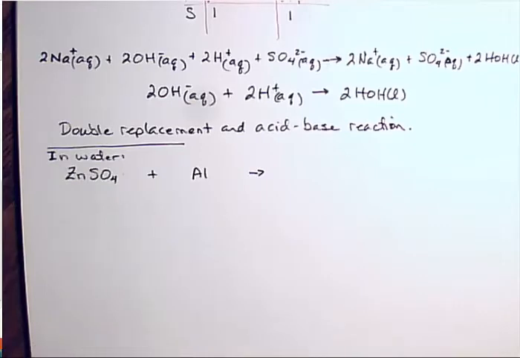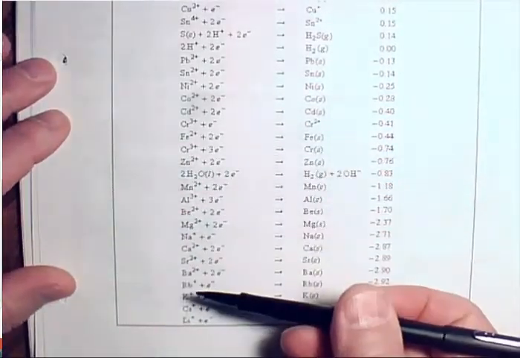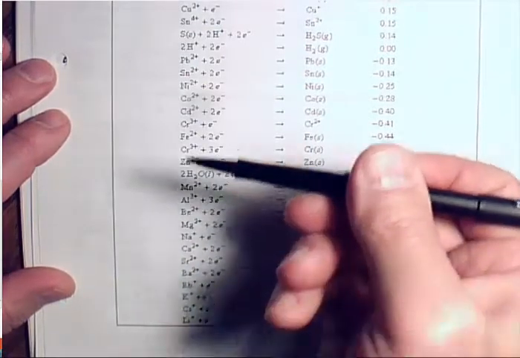And so in this class, you can't use the activity series on the test. You can use, however, the standard reduction potentials list, and it's a pretty good stand-in for this. If a metal is lower on this list, it's more active than the one that's above it.